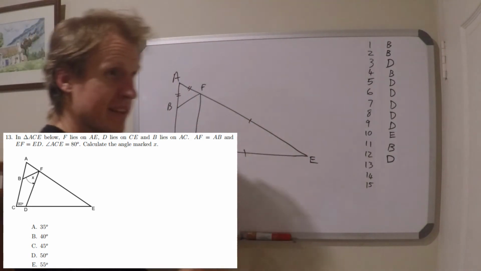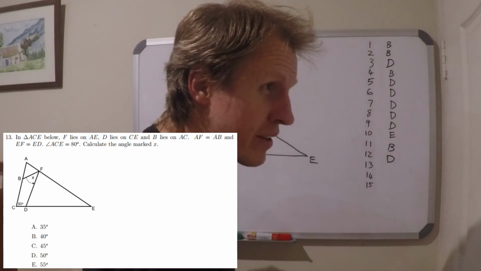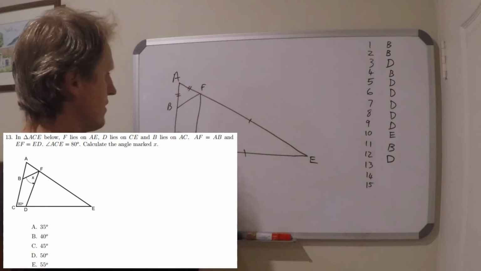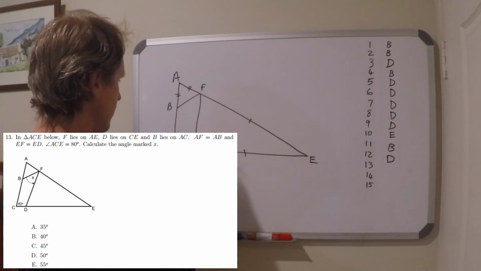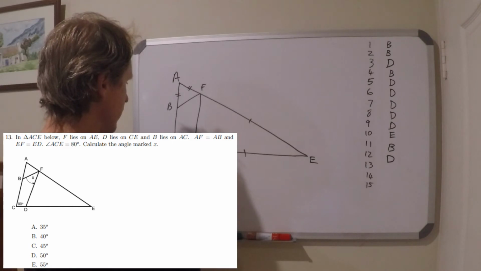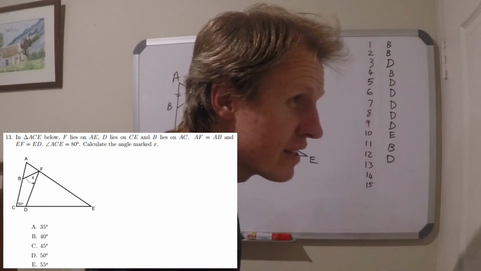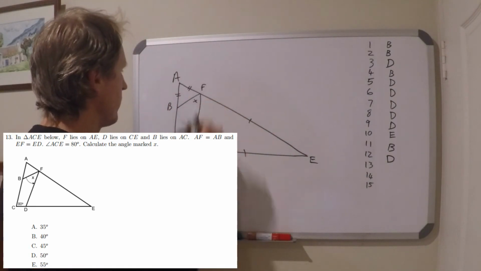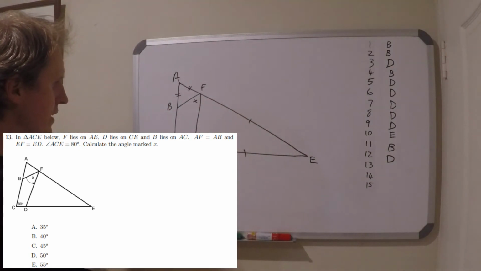And we know that angle ACE is 80 degrees, so this angle here is 80 degrees. Calculate the marked angle X. So they want to know, what is that angle there, X.